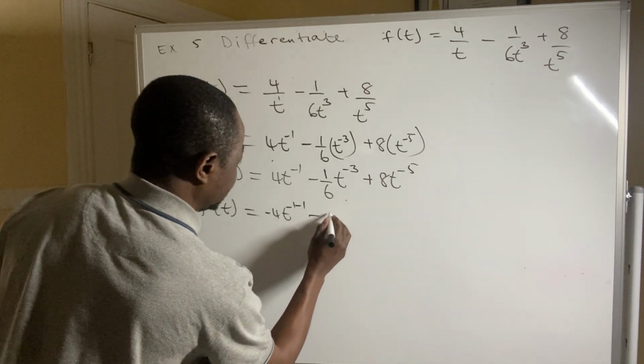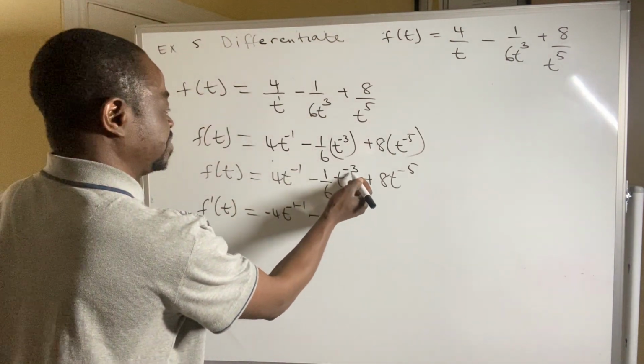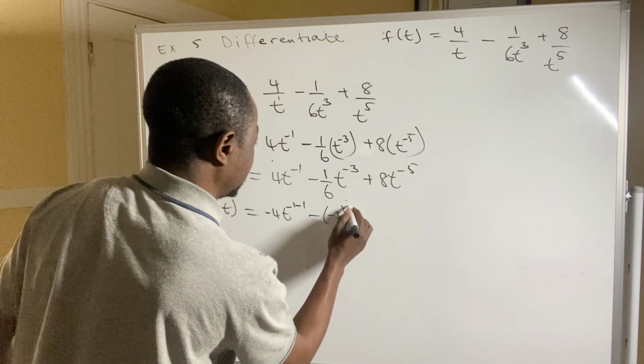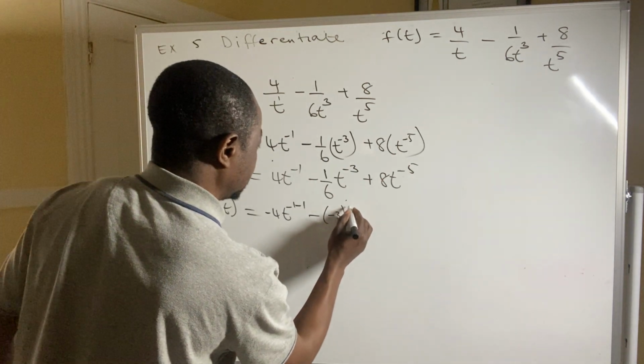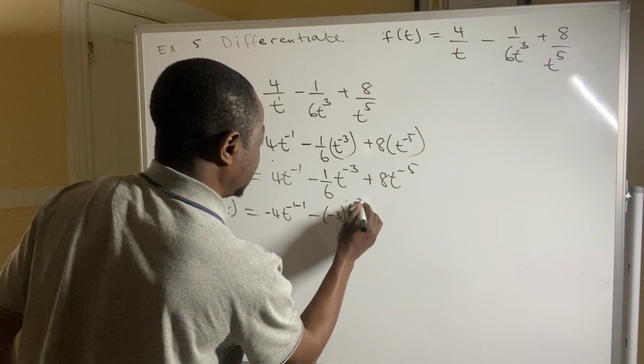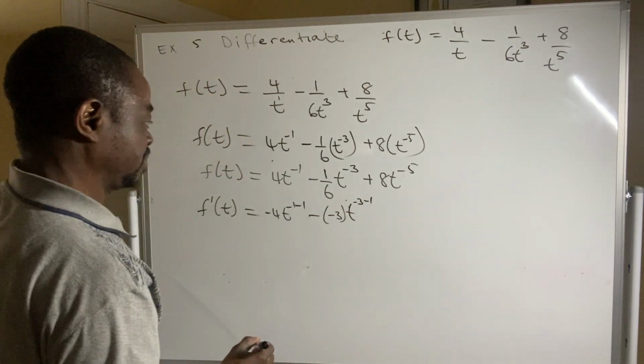And then this is minus, you bring down the power here, that's minus 3, then multiply by t to the power minus 3. Then you reduce the power by 1, minus 1.